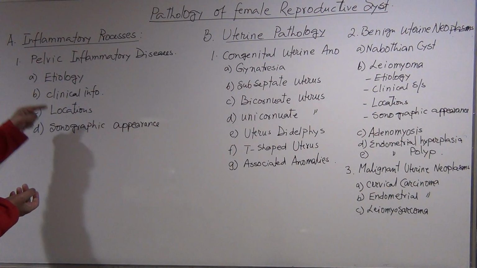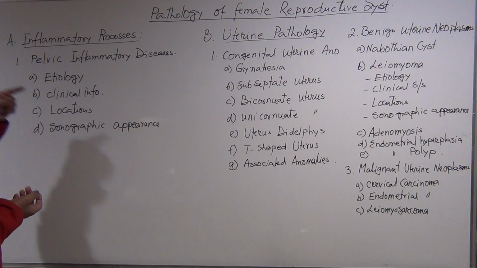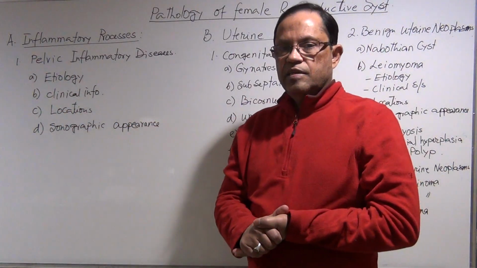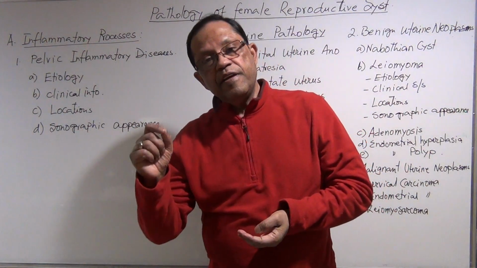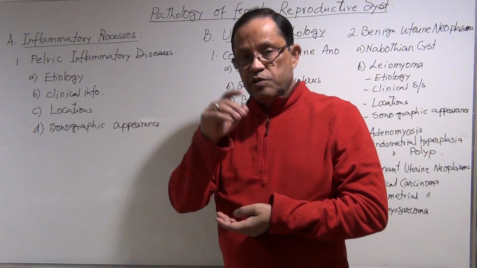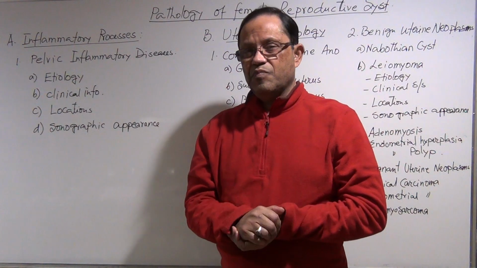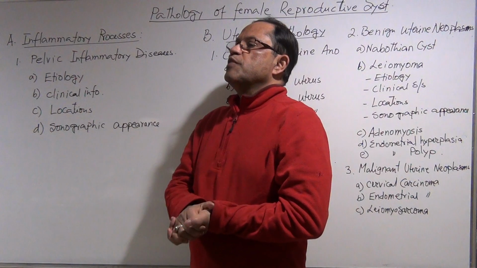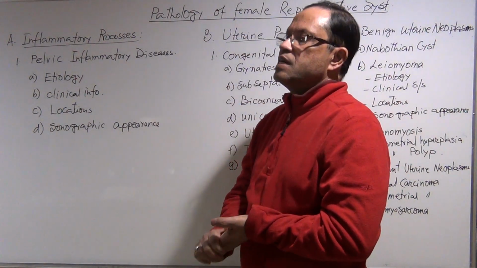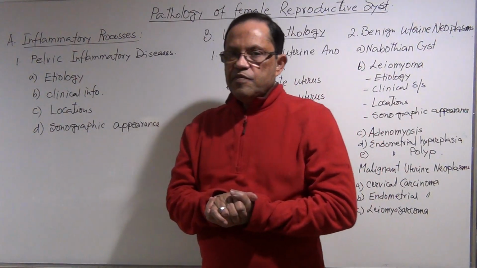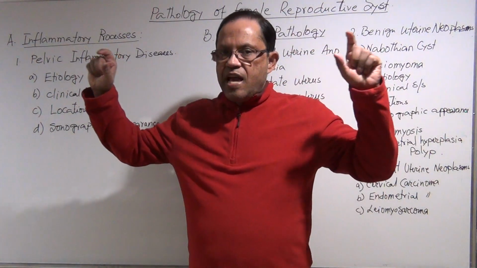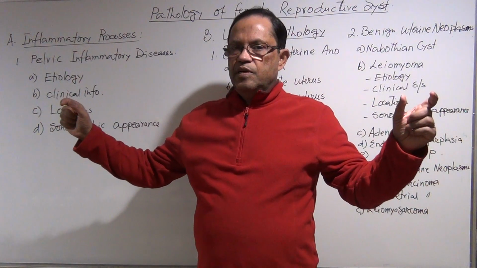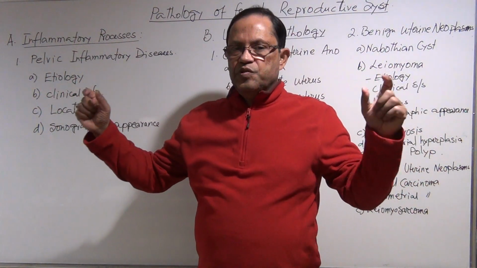If the pelvic inflammatory disease is in the fallopian tube, and if in the ovary, I will tell you there is some chance of infertility. Why? Because the fallopian tube, as we discussed before, is a funnel tube-like structure, trumpet shaped, a collapsible tube.